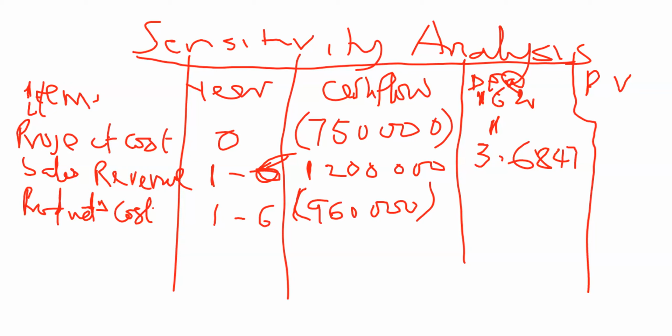If one has forgotten that formula, you can still remember our normal formula, 1 over 1 plus r raised to the power n. Yes, sir. I know that 1 plus r raised to the power n is inverse, is down. So we can make it 1.16 raised to the power minus 1 for year 1 plus 1.16 raised to the power minus 2 for year 2 to year 6. And you press answer, you will get the same answer.